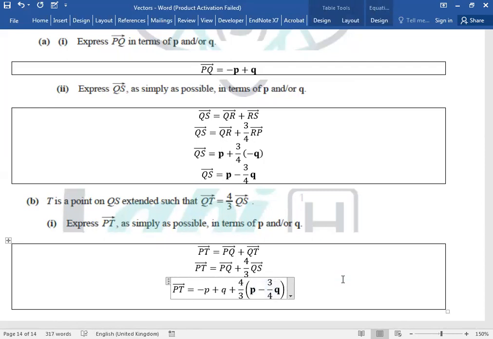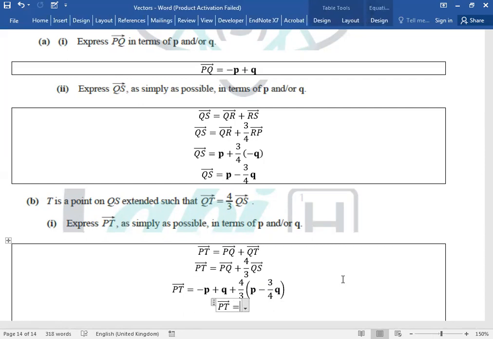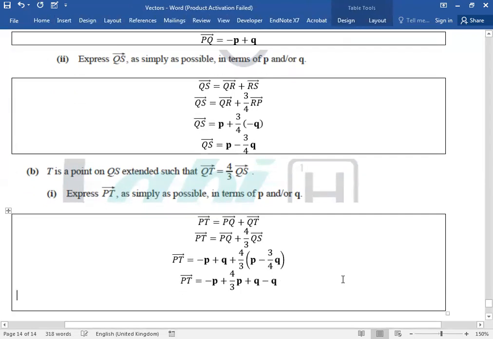शुरू में कुछ लेंथी मेथड से मैं करवा रहा हूँ, so help you understand. Eventually when you will practice those questions, तो फिर आसानी हो जाएगी. Now simplify. Minus P plus 4/3 P and then plus Q minus Q तो cancel हो गया. Is that right? So again क्या आया?